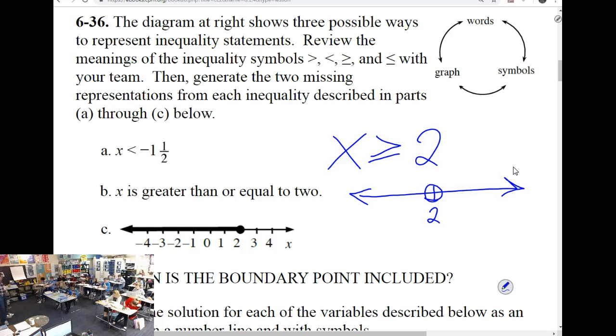Isn't it left? If our solutions are when x is greater than or equal to 2, those are our solutions. Is this greater than or equal to 2? So we got to go this way, but we're not totally done. Got to fill in the circle because we have the or equal.